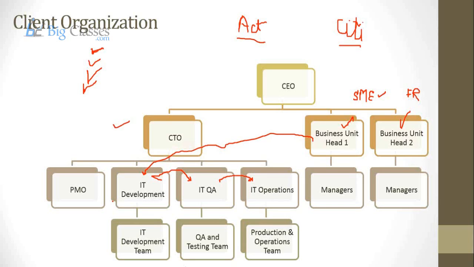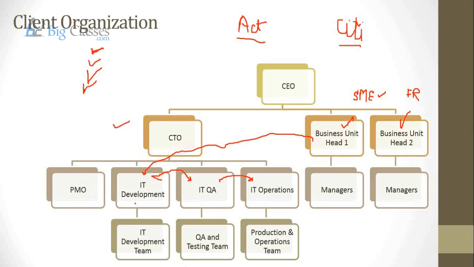Okay, so first step, the business unit head would say that, okay, now we need to approve this, we need to implement this project, and I need your help. Okay, so the business unit head would assign somebody from his team and then say, this guy would help you with the functional requirements from a functional point of view, and then you develop it.